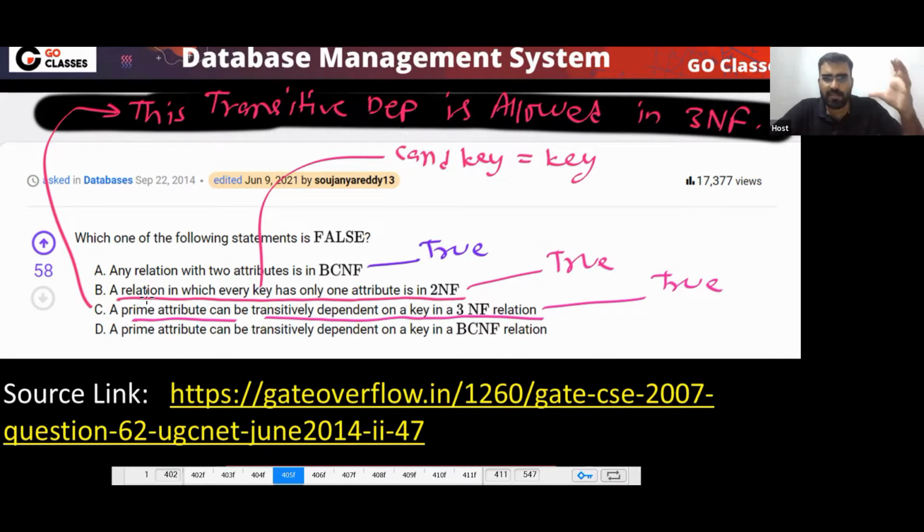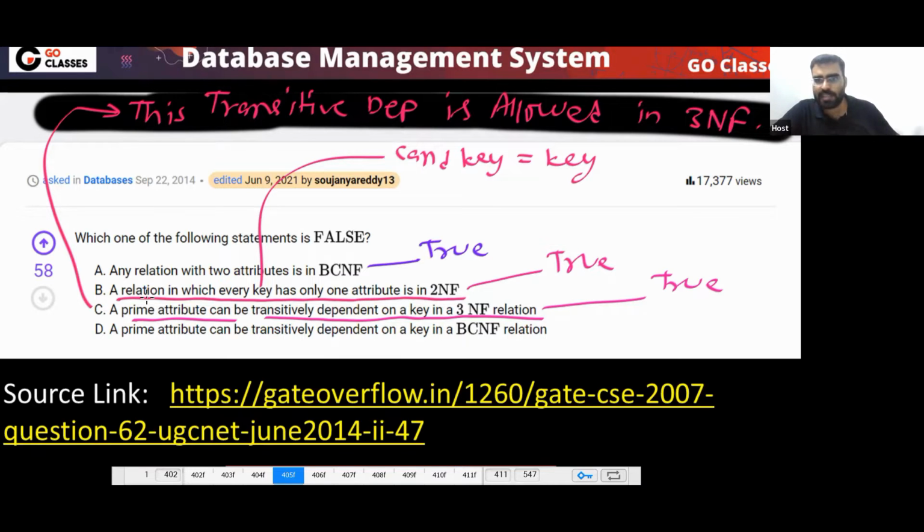When someone says 3NF cannot have transitive dependency, those concepts are wrong. The GATE question itself is telling you. There is a GATE question which is screaming that your concepts are wrong, yet students are still learning the same wrong concepts. I don't understand how they are solving this question.